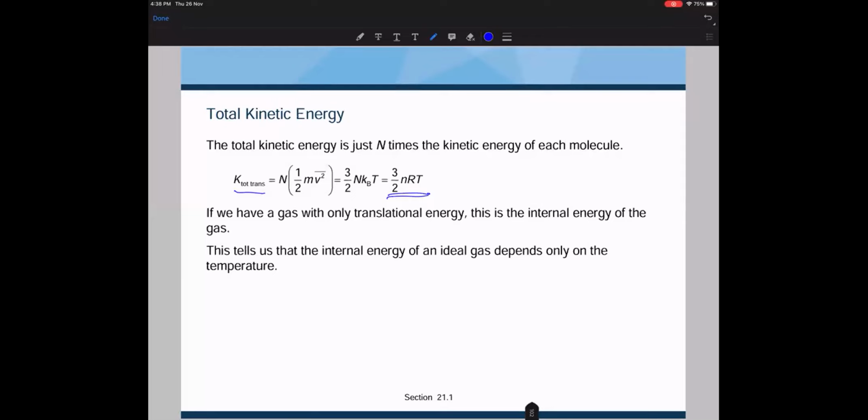But on average, you have a lot of particles, so you must have equal amount of particles moving in x direction and equal amount of particles in the y, equal amount of particles in the z direction. The energy should be equal in the three directions for all the collection of particles.